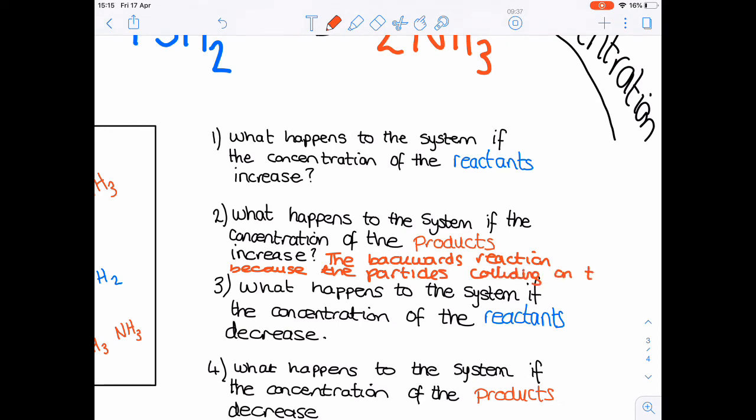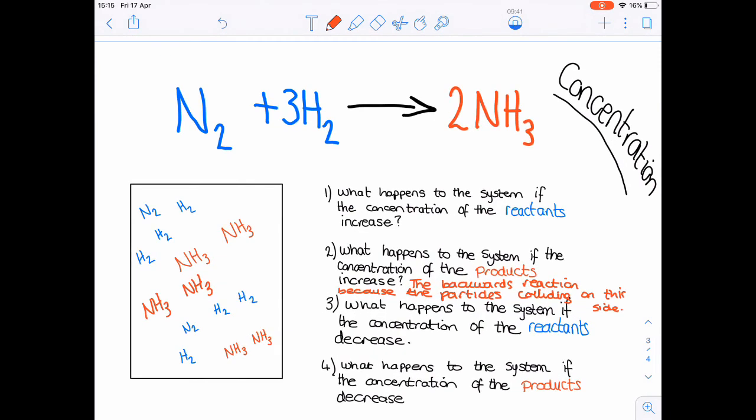And the key idea here is it's not a permanent change. Equilibrium will be eventually reached once they get back to the same levels. So they're back to the fact that the rate of this reaction is equal to the rate of that reaction. So eventually things will balance back out.